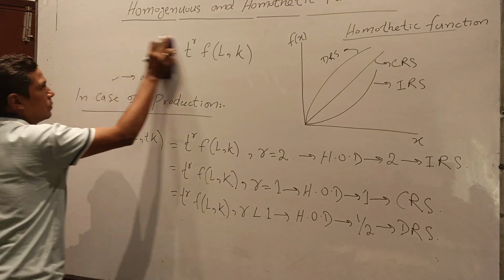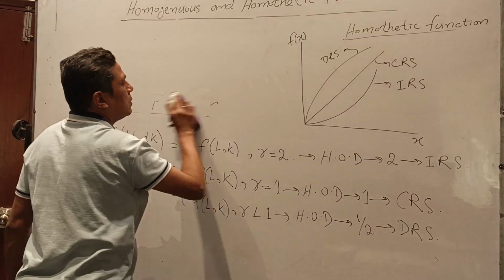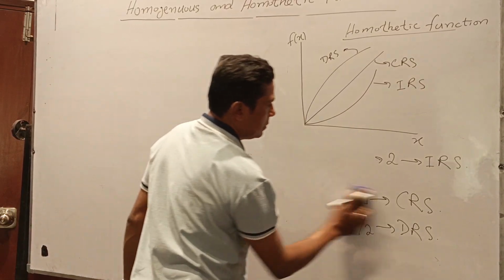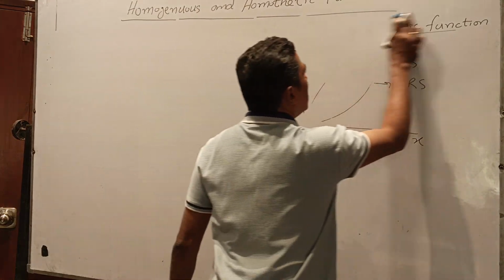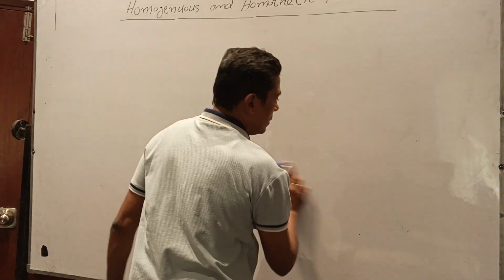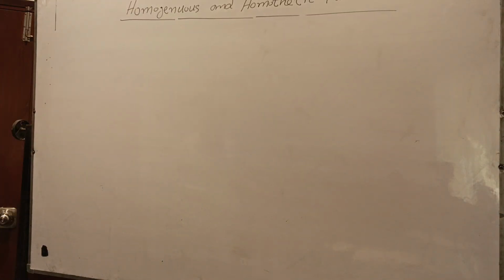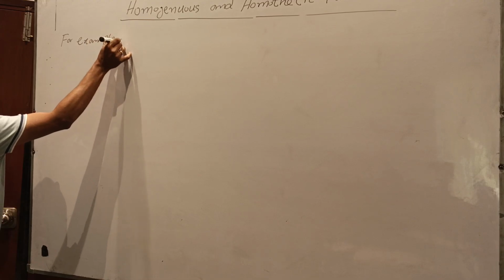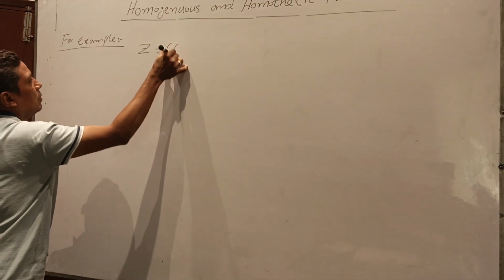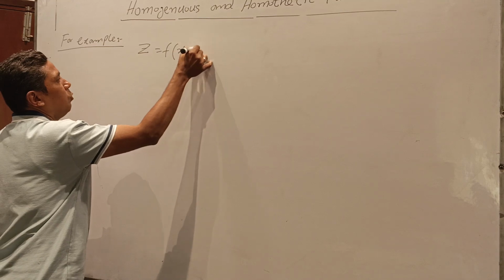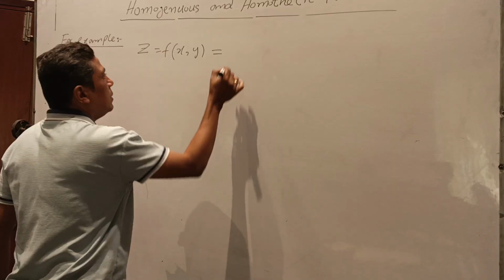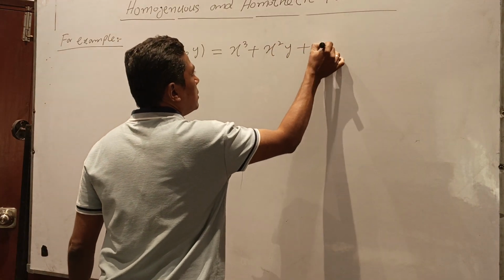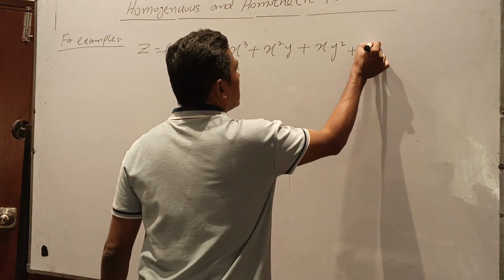Take one numerical example. For example, f of x, y equal to x cube plus x square y plus x y square plus y cube.